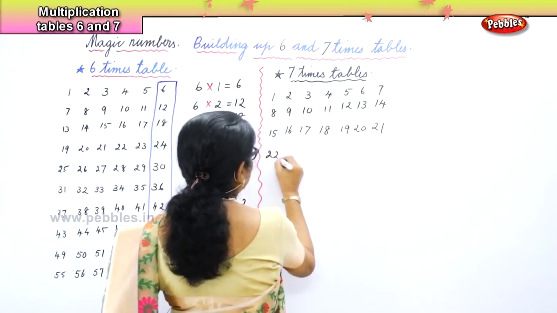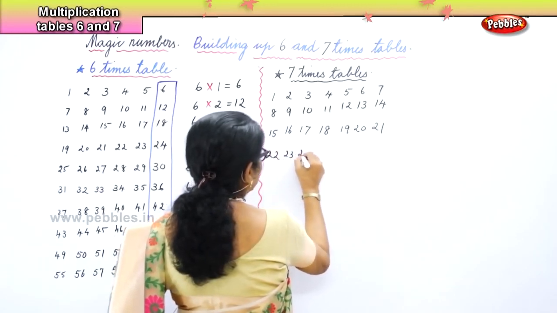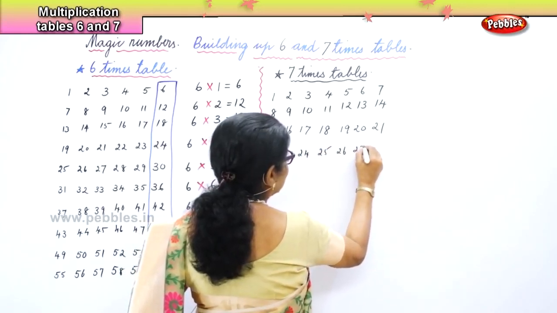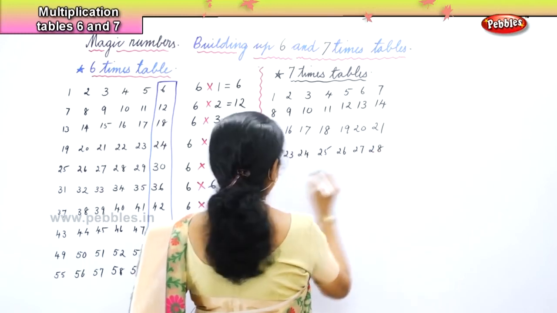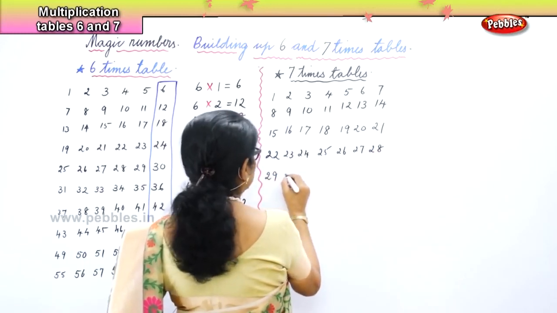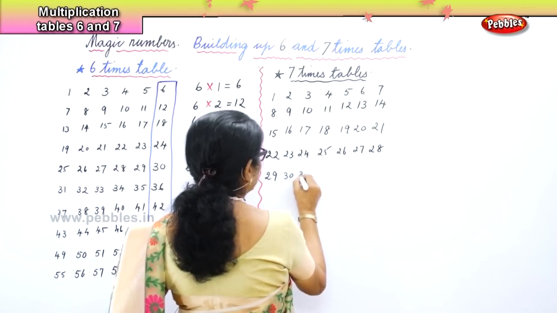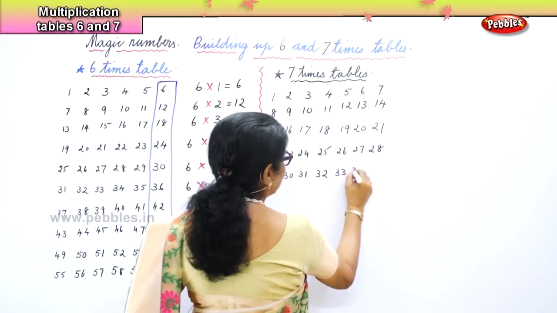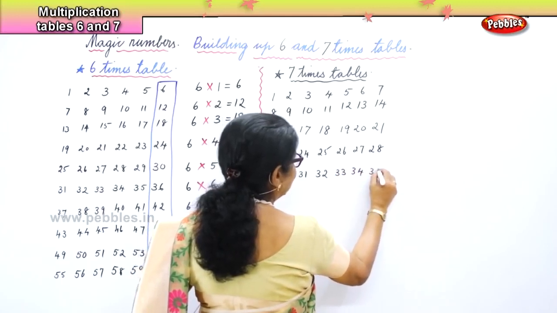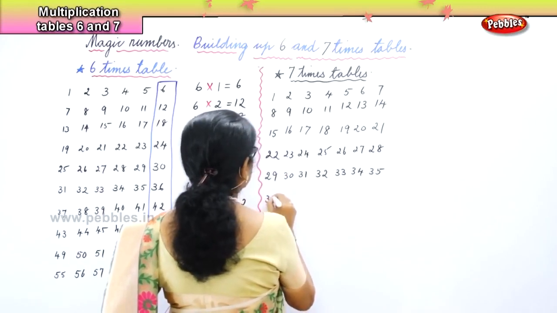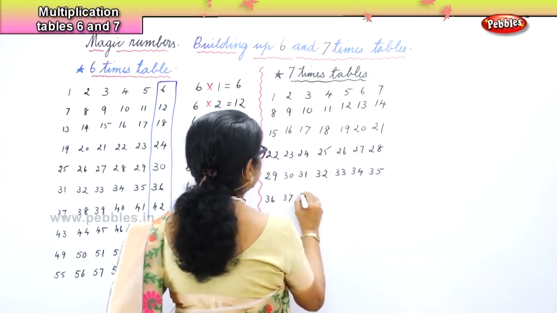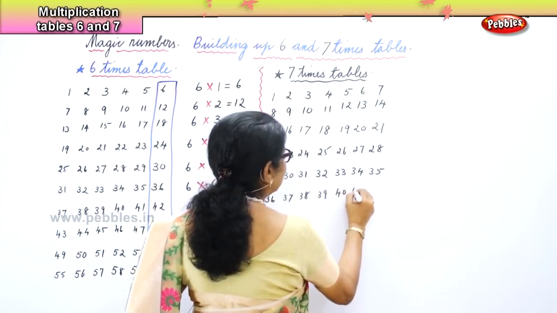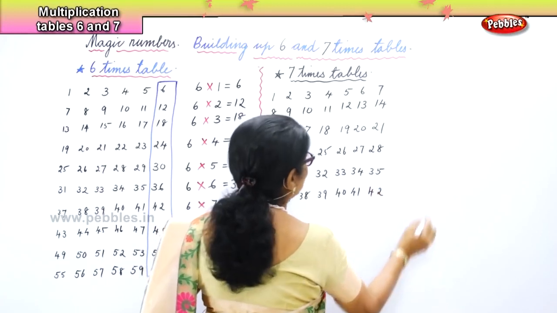Then 22, 23, 24, 25, 26, 27, 28, 29, 30, 31, 32, 33, 34 and 35. Next, 36, 37, 38, 39, 40, 41 and 42.